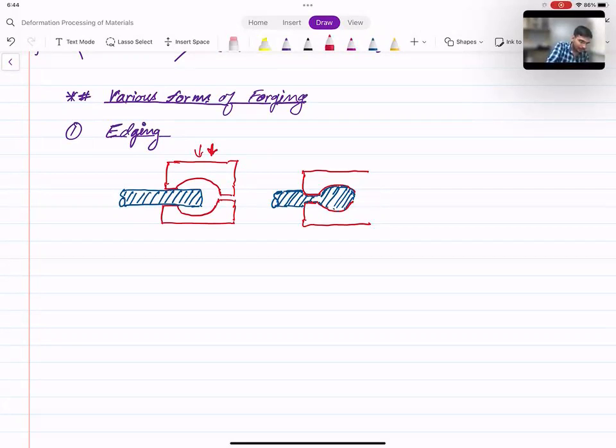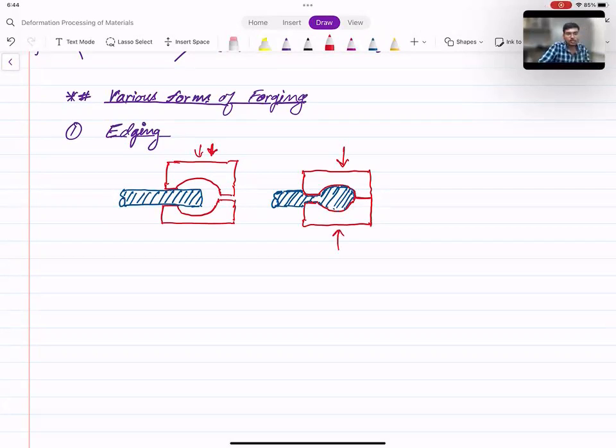So again, now the die will get closed here. This process is known as edging, where the edge of the stock has been given a particular shape using the forging process.